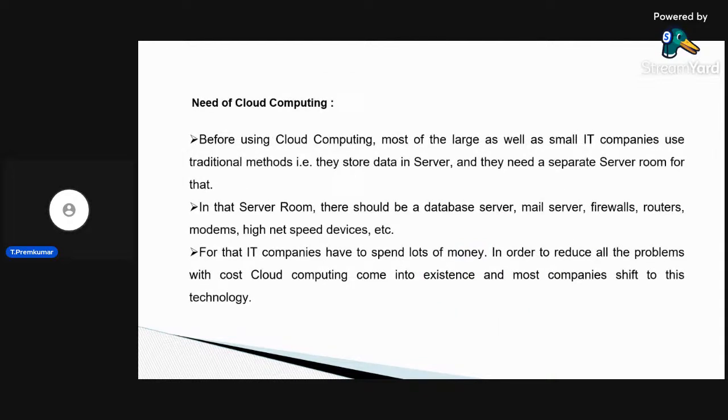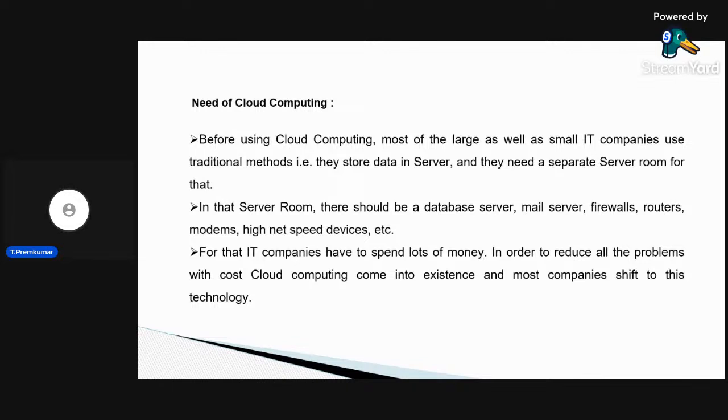Needs of cloud computing. Before using cloud computing, most large as well as small IT companies used traditional methods, that is, they stored data in servers and needed separate server rooms for that.